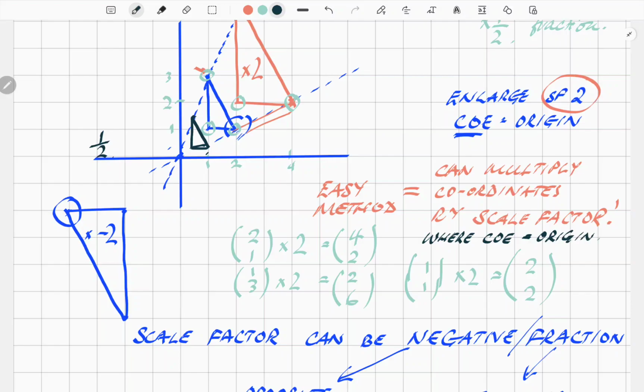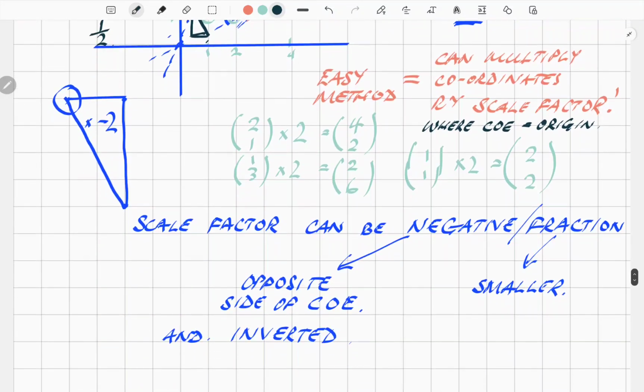So if it's from the origin, just multiplying the coordinates by the scale factor will give you your enlarged shape. Even when it gets smaller, we still call it an enlargement, but the scale factor is a fraction. Does that all make sense so far?